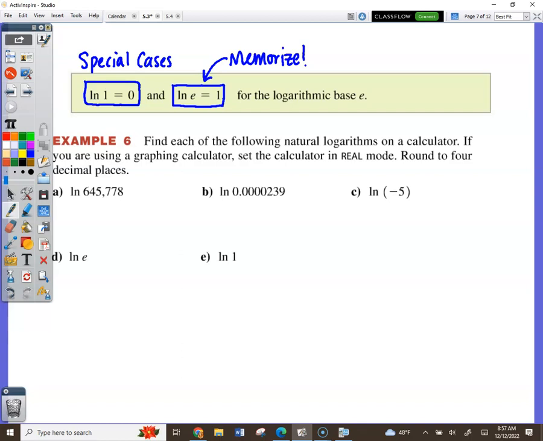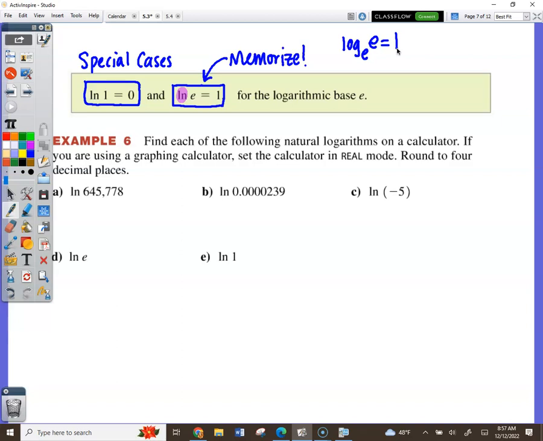The ln, this little block right there, what did we say that can be written as? Log base e, and then it's of e. Look at that. Remember when the base and the of match? The answer is 1. And that's exactly why ln of e is equal to 1.